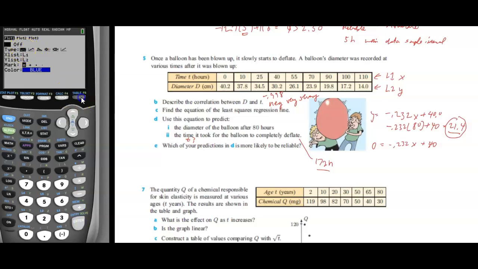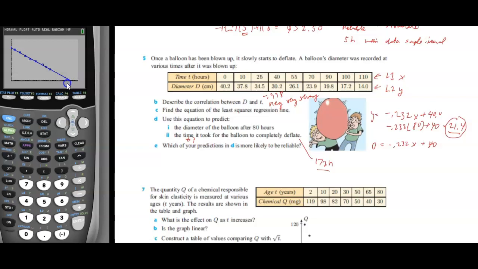When you graph now, it shows you your data cluster. Notice our data cluster ends here, and the prediction about 80 hours is well within it, around here, so that's pretty reliable. The prediction with 172 hours and 0 in diameter is way over here, outside the data cluster, and that's why it's less likely to be reliable.